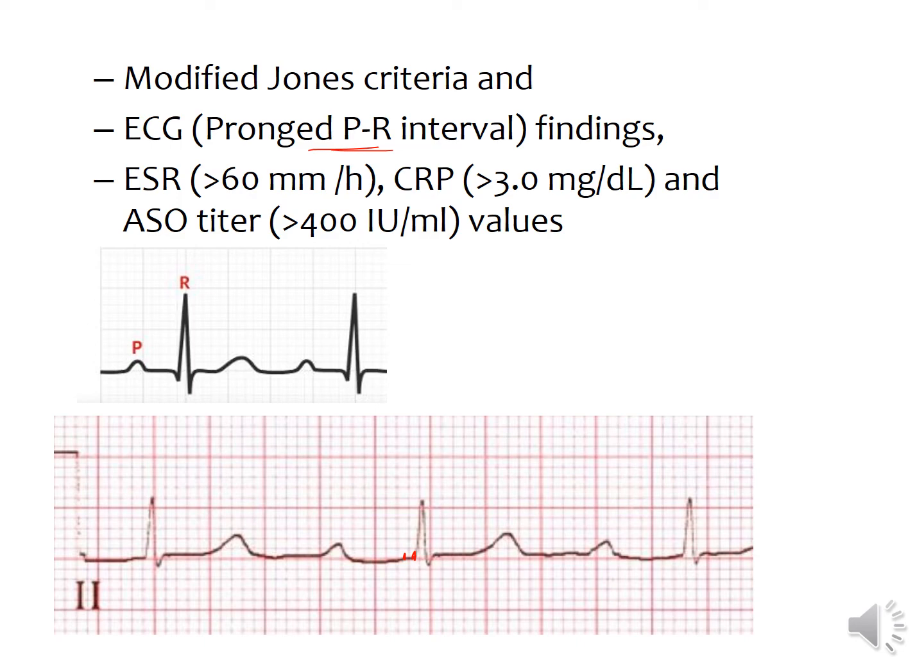You can see the gap or delay in this interval, so a prolonged PR interval is seen in ECG. ESR levels are increased to more than 60 millimeters per hour, CRP more than 3 milligrams per deciliter, and ASO titers more than 400 international units.